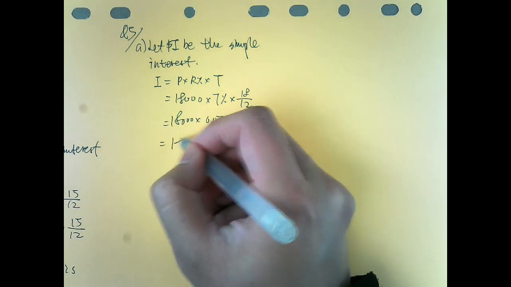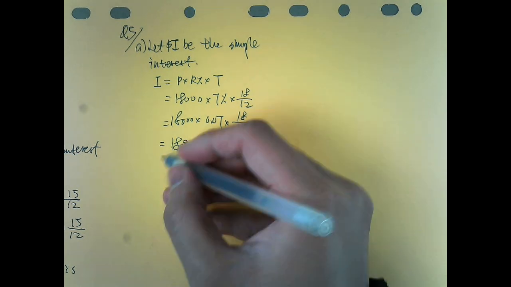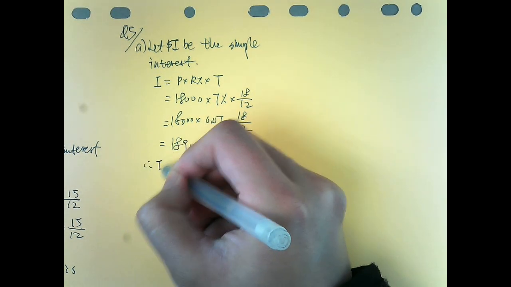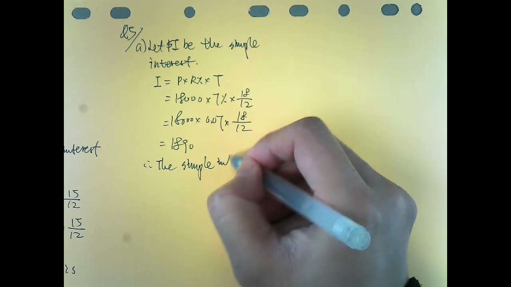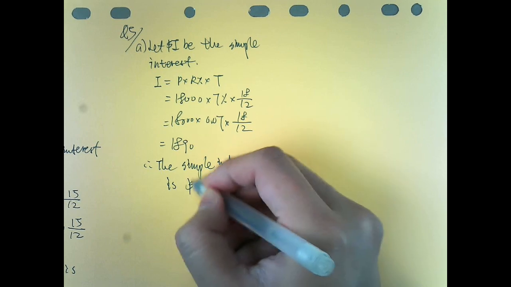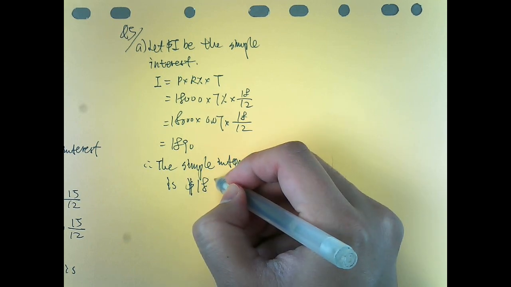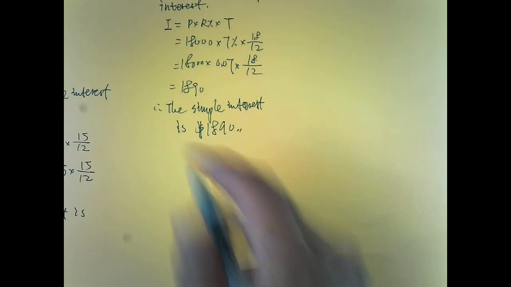So my answer is this. Check whether your answer is the same as mine. 1,890. So the simple interest is 1,890. Understand?